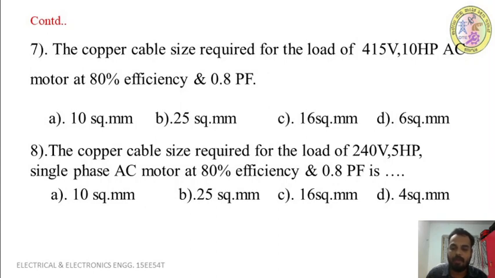You will get a load current of 23.94 ampere. Taking the factor of safety as 2, 23.94 into 2 is 47.88 ampere. To carry the current of 47.88 ampere, looking at the cable size chart, we require 16 square mm copper cable. Okay, this is how to calculate the size of the cable.